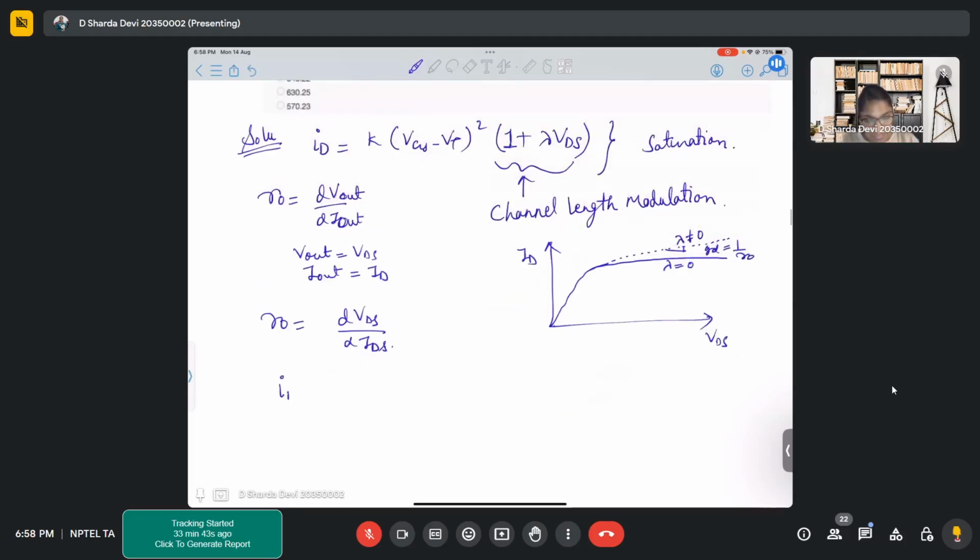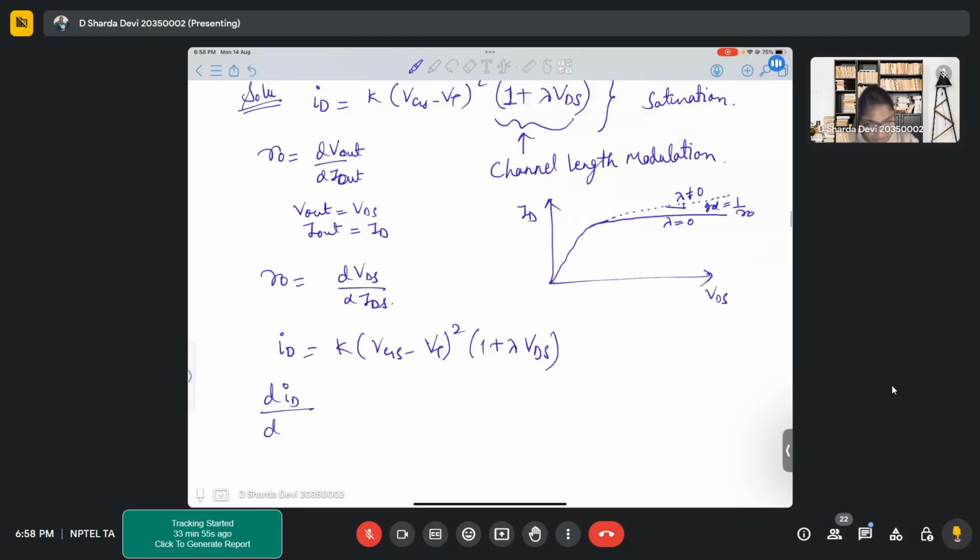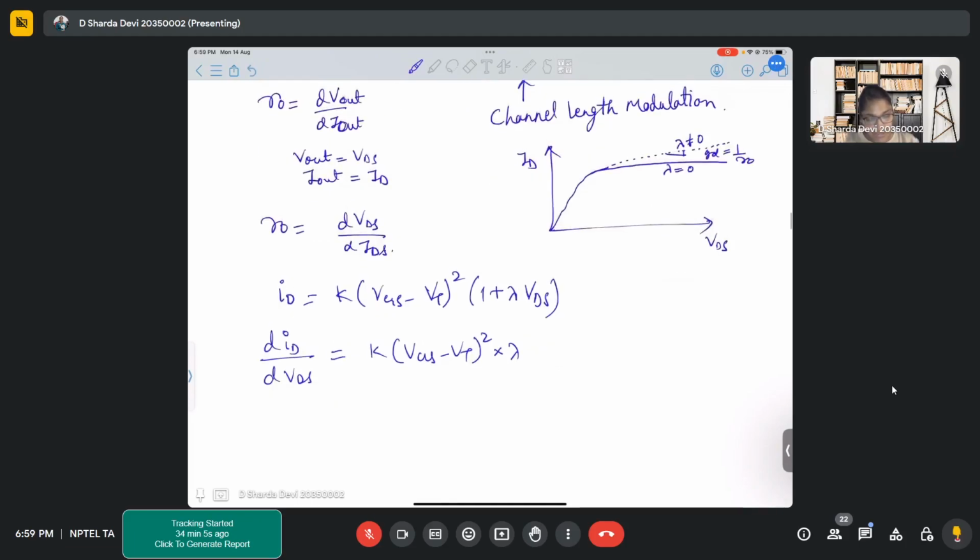Now we know that ID is k(VGS minus VT) whole square (1 plus lambda VDS). So let's say if I take dID by dVDS, then what will I get? (VGS minus VT) whole square into lambda, right? If you observe this very carefully, what is this?